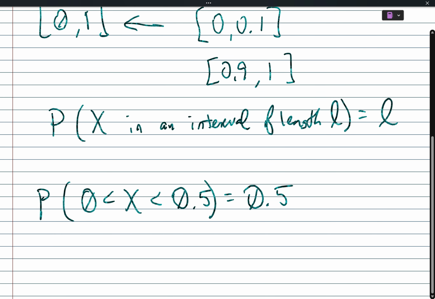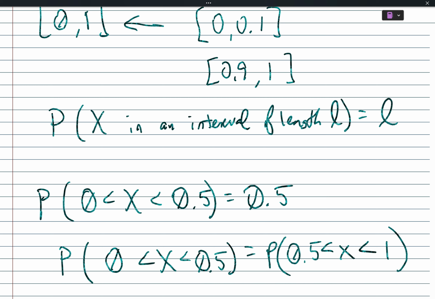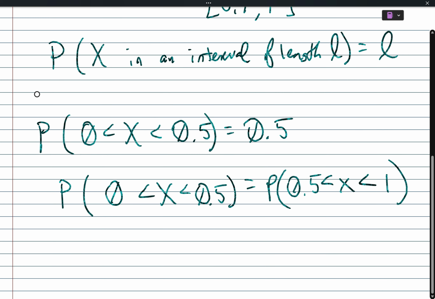It follows because the probability of X being between 0 and 0.5 equals the probability of X being between 0.5 and 1, since the two intervals are of equal length.